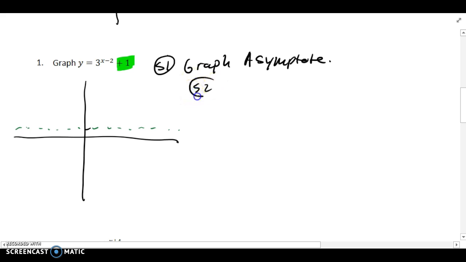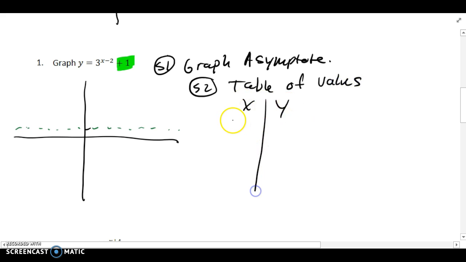Step 2 is going to be a table of values. So we have an x and y table, and what we're always going to do is, let's do blue, this number right here, we're going to turn into a 0. Sorry, let me make a better line.